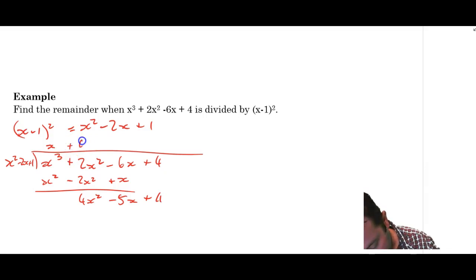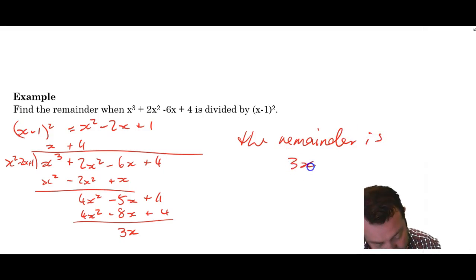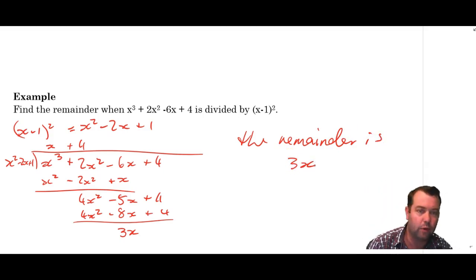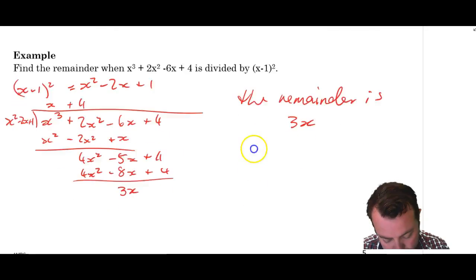This goes into that plus 4 times, 4x squared minus 8x plus 4, which gives me minus 5 minus minus 8, which is plus, 3x. So my remainder is 3x. So the remainder theorem doesn't work for divisors that are not linear, or first degree, polynomials. So just be careful of that.